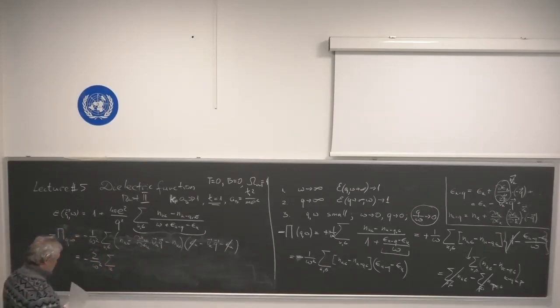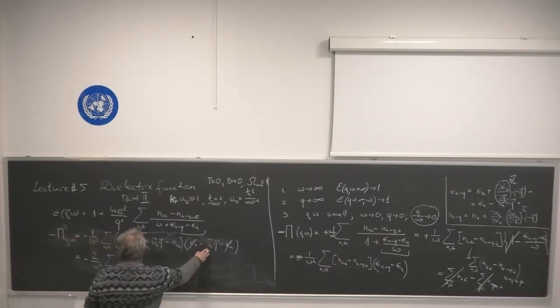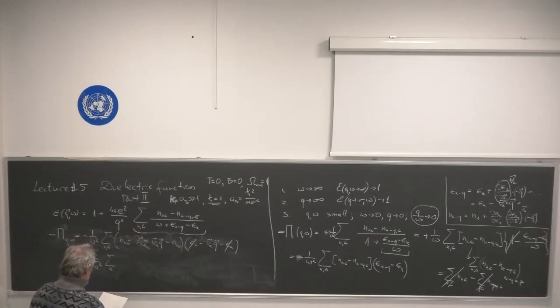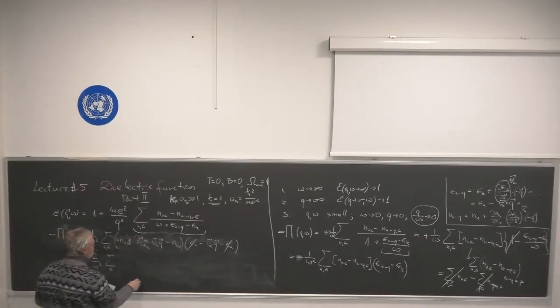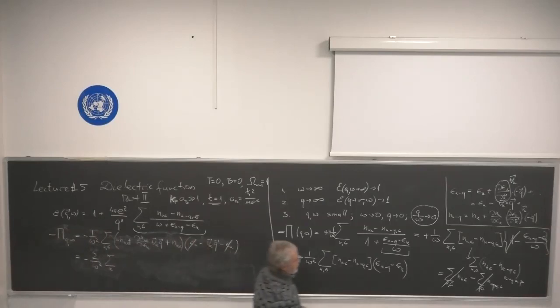Sorry, let me check that I did not make any mistake. Epsilon k minus q. Aha. This is minus, this is plus, and this is plus, because I have epsilon n k minus n k plus q.